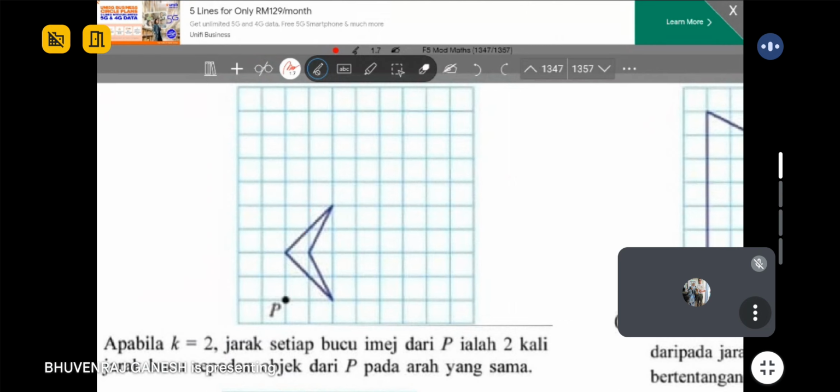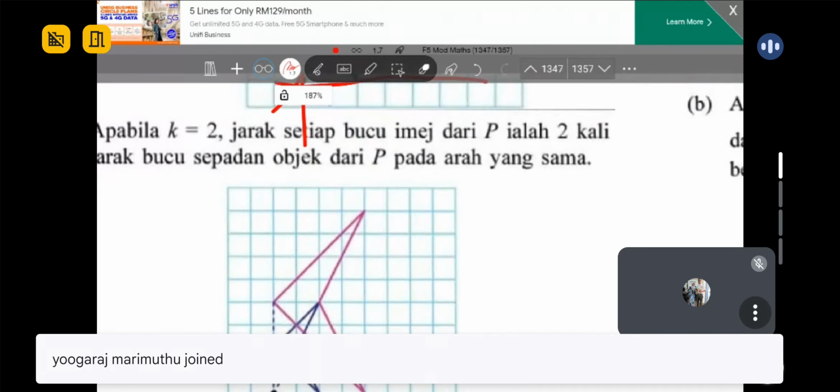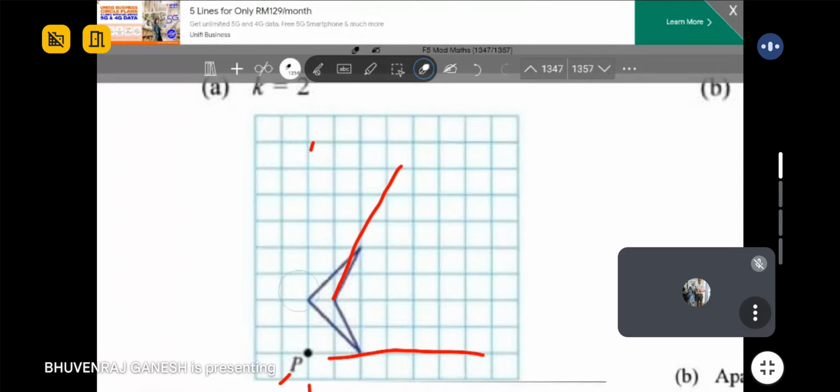Actually, over here, I cannot draw perfectly because it's not straight enough. Kamu kena lukis atas kertas. So the lines, something like this. So final image, you should get like this. Maybe I try to draw here. Saya lukis kat bawah. Lebih senang nak nampak.